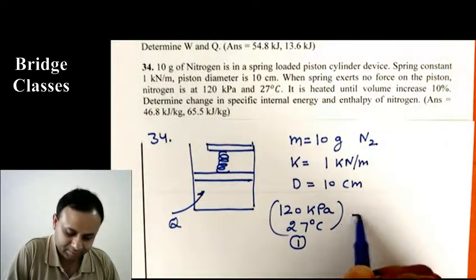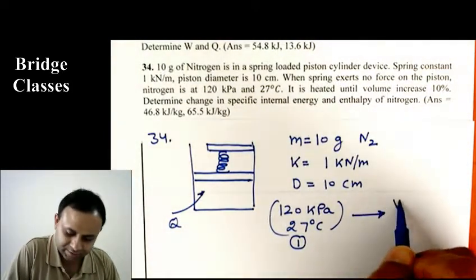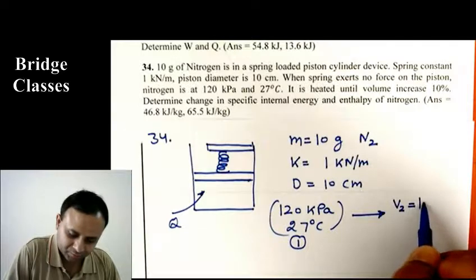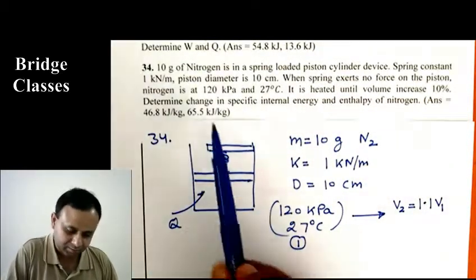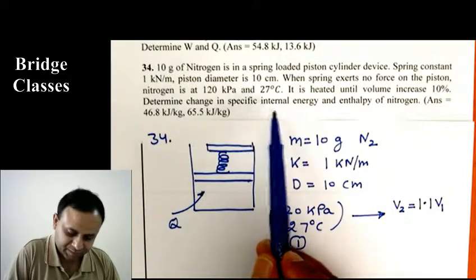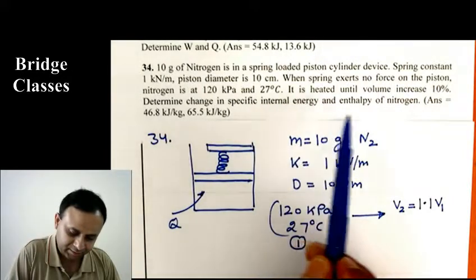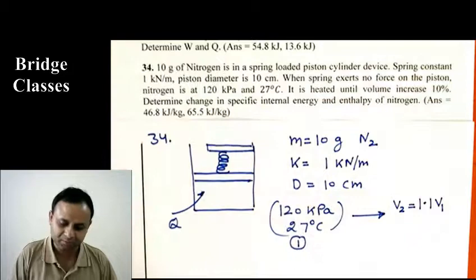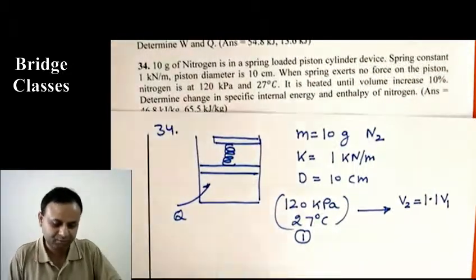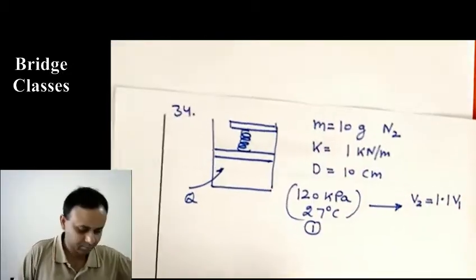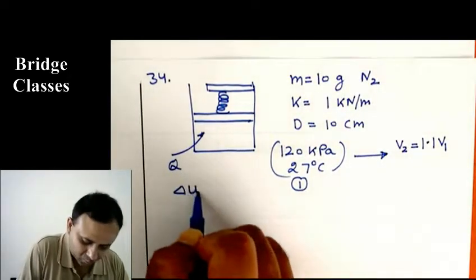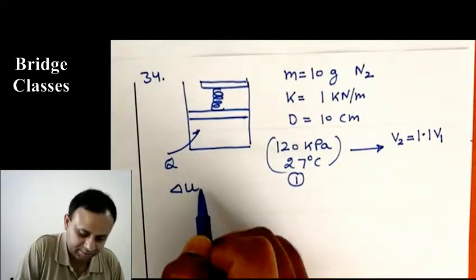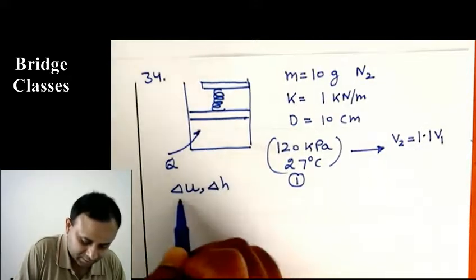So after heating, stage 2, its volume is 1.1 V1. Determine change in specific internal energy and enthalpy of nitrogen. So we have to determine delta U, the specific internal energy change, and delta H.